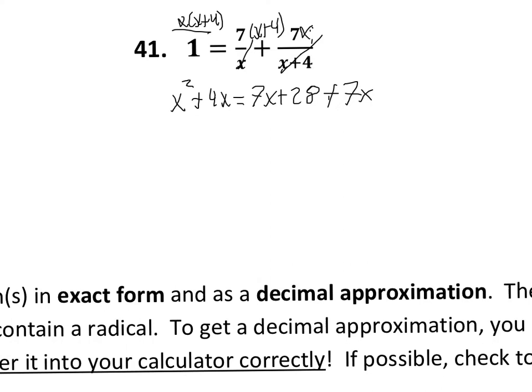Okay, so we got 7x and 7x, so we're going to minus 14x and minus 28. So we get x squared minus 10x, because 4 minus 14 is minus 10, minus 28 equals 0.